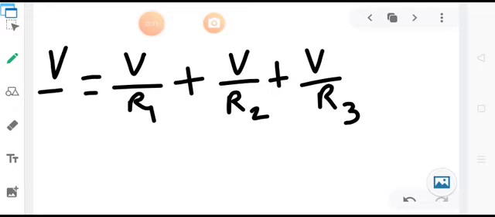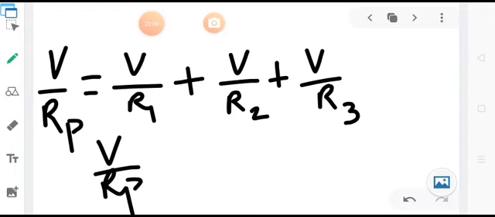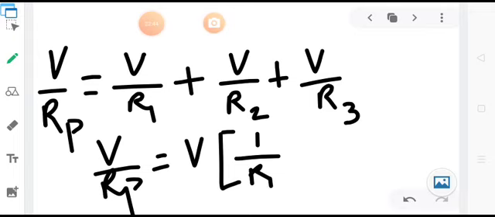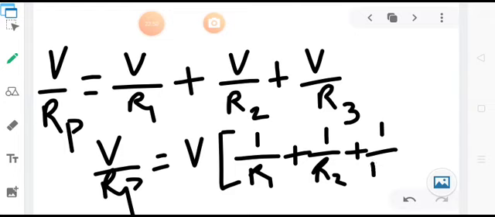So total current is V by R, and following the same tradition, let's put a subscript P. P stands for parallel. V is the total potential difference applied by the battery. So V divided by Rp is equal to V by R1 plus V by R2 plus V by R3. Now taking out V as common, V by Rp is equal to V times 1 by R1 plus 1 by R2 plus 1 by R3.